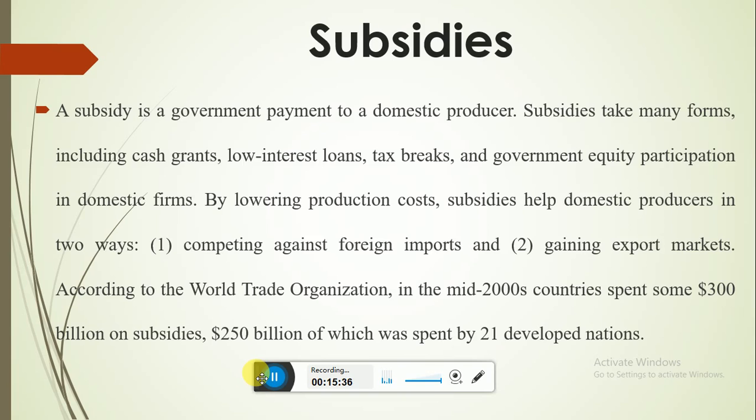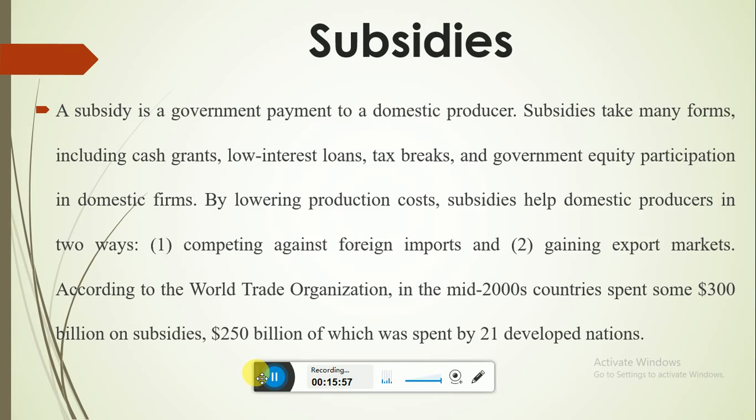Definitely this will have a negative impact on the banking sector as a whole. So that's why the next type of subsidy is that the government can take shares, can participate in the business itself.